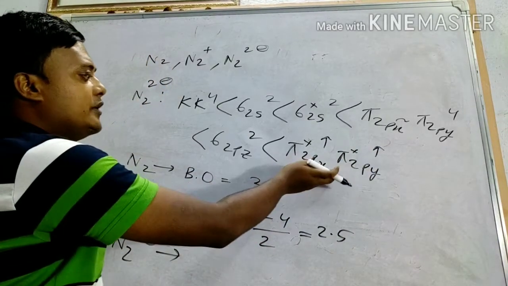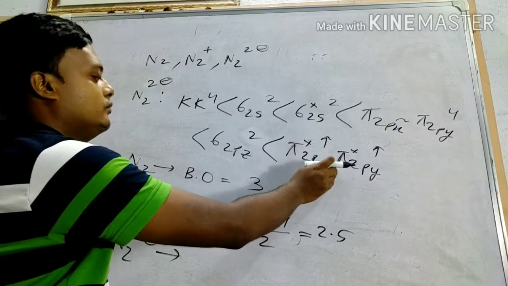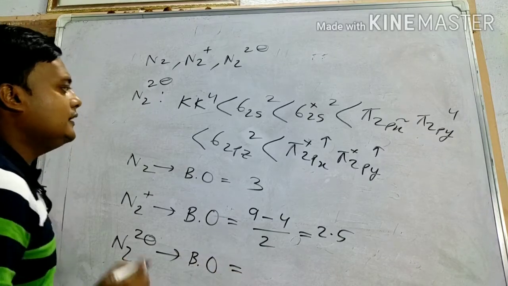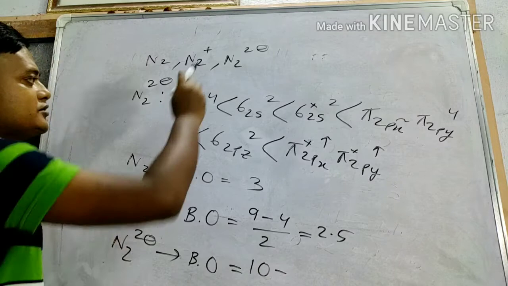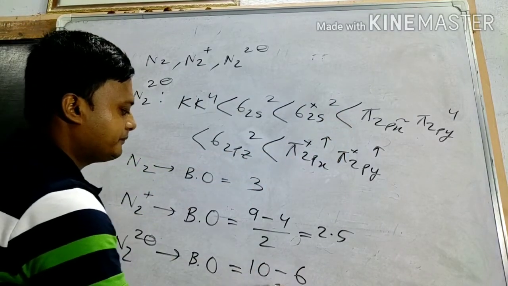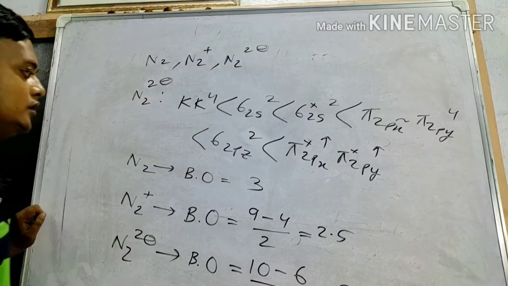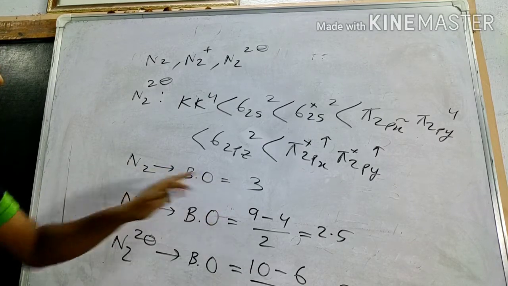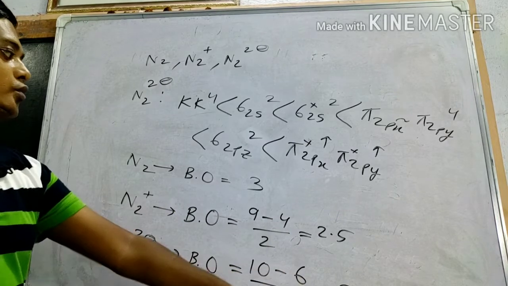This is LUMO, lowest unoccupied molecular orbital. Electrons will enter the LUMO. So what will be the bond order? In this case, bonding electrons 10, anti-bonding electrons 2 plus 2 plus 2, 6. So 2. So nitrogen bond order 3, N2 plus 2.5 and N2 2 minus 2.